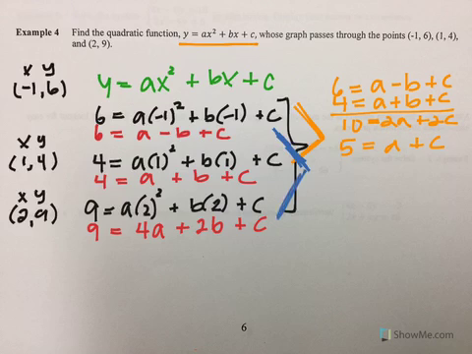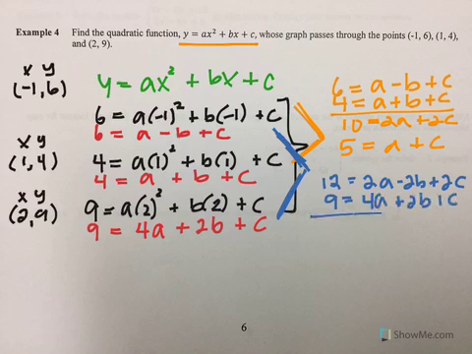So I'm going to multiply the top equation by 2 and add it to the bottom equation. And I get 21 equals 6a plus 3c, which I can simplify to 7 equals 2a plus c.